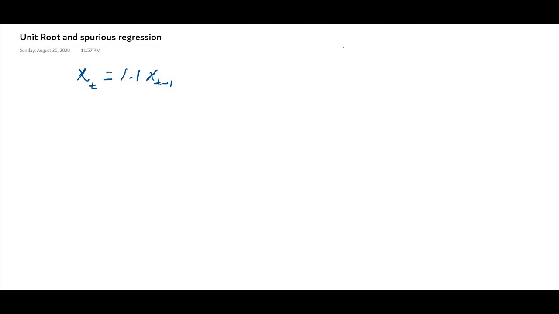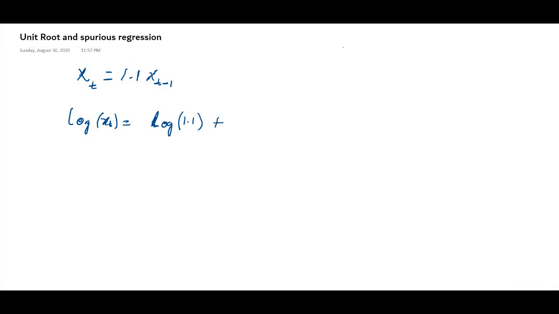So what happens if we take log on both sides? We will get log x_t equals log 1.1 plus log of x_t minus 1, because whatever is multiplied in logarithmic form is converted into addition.